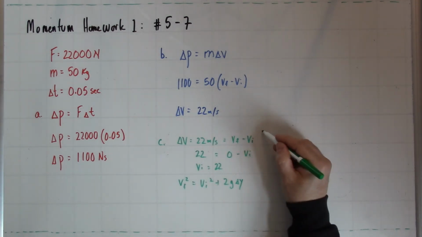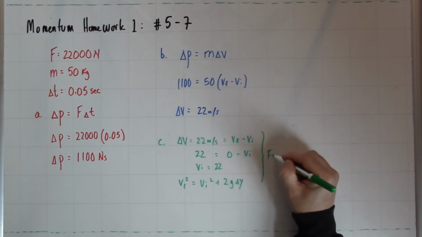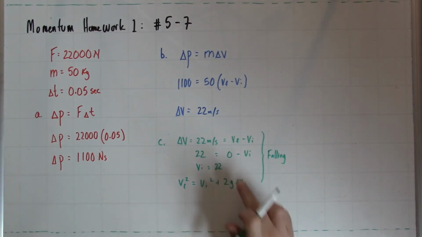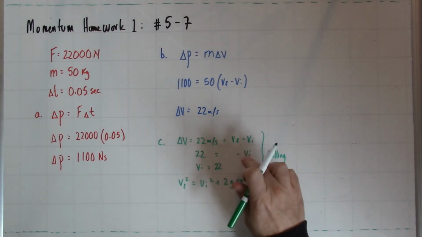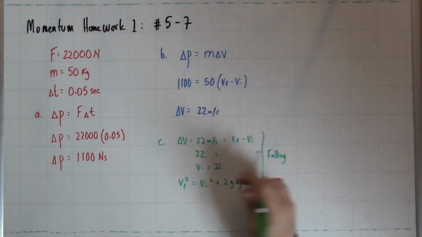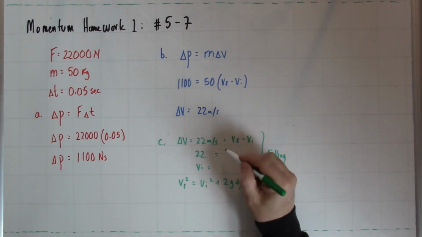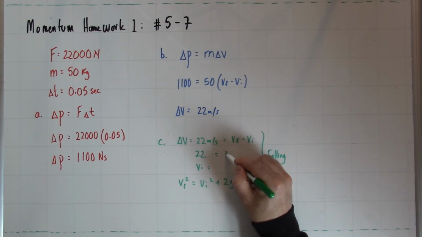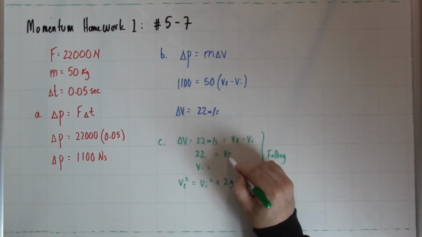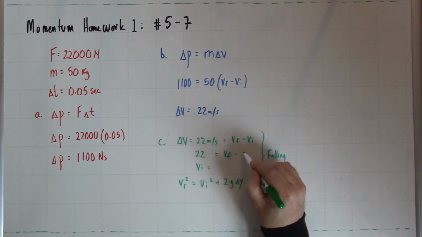Oh, that's not right. This is for the falling. So in the falling case, this is actually backward. When you start to fall, the initial velocity is 0.